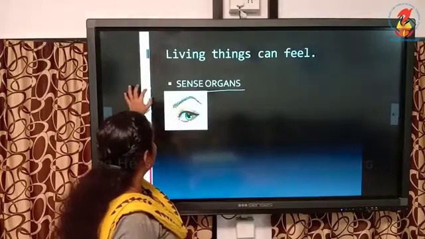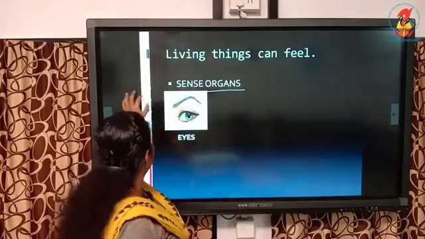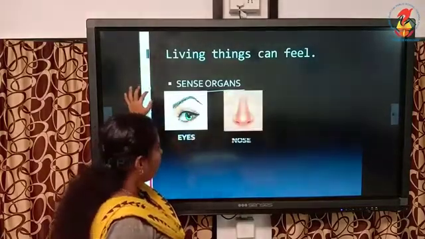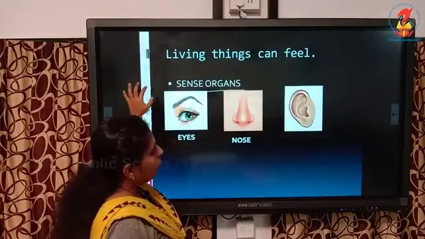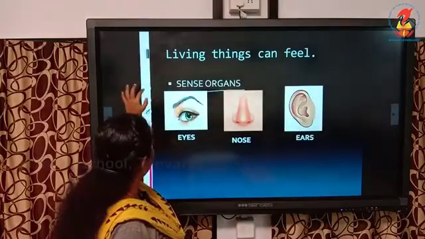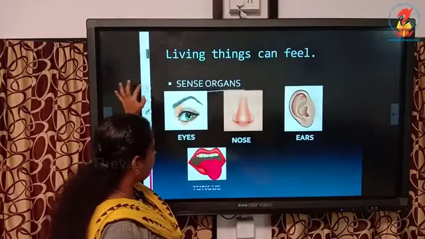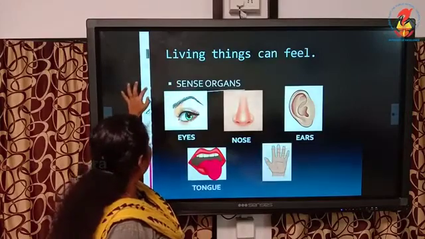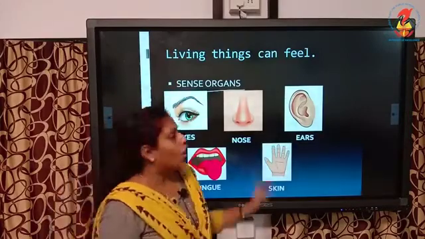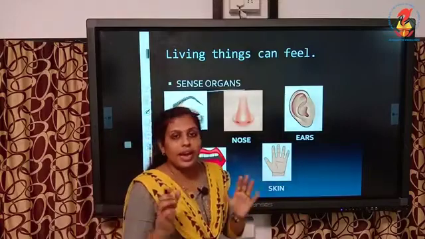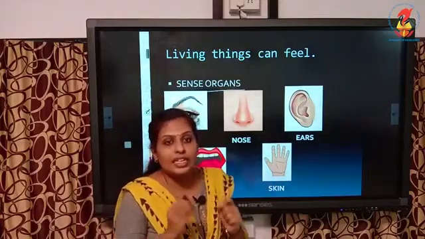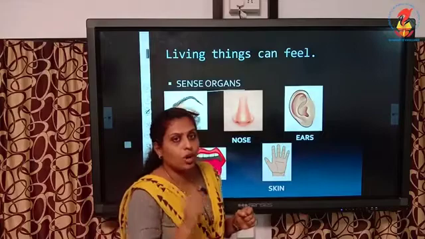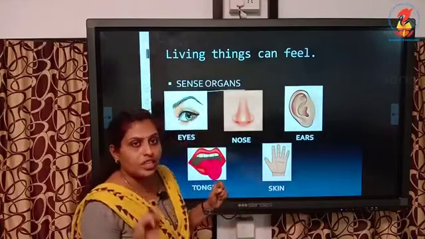The first one is we have eyes, we have nose, we have ears, we have tongue, and finally we have skin. All these organs will help you to feel certain things. We can see what are the functions of each organ.